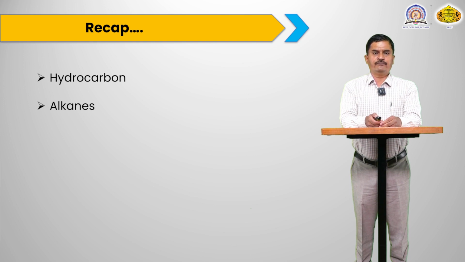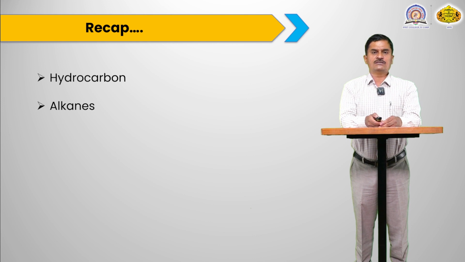So hydrocarbons include alkanes, alkenes and alkynes. In the previous lecture we discussed alkenes. What are alkenes? Alkenes are unsaturated hydrocarbons containing a carbon-carbon double bond, with the general formula CnH2n.